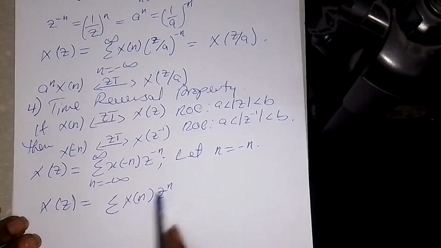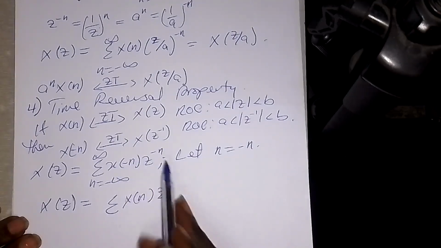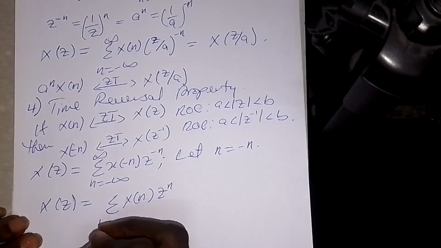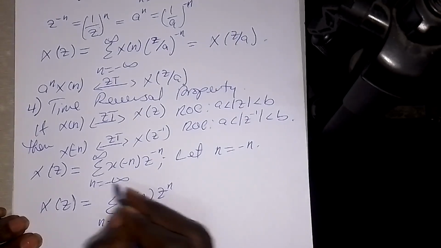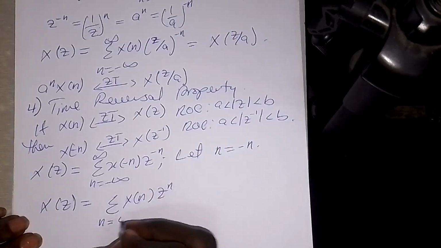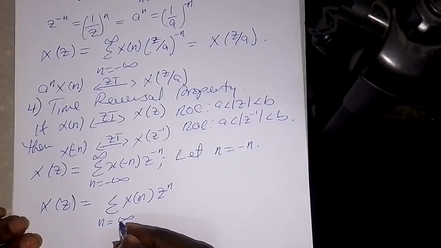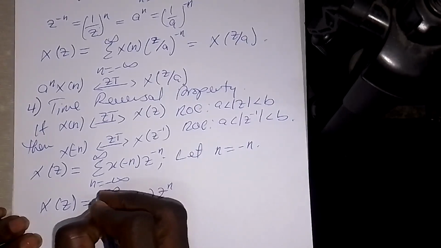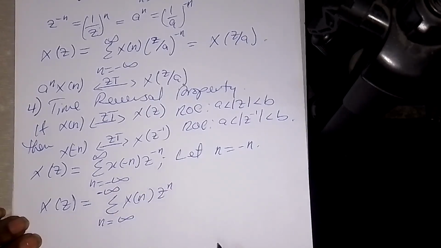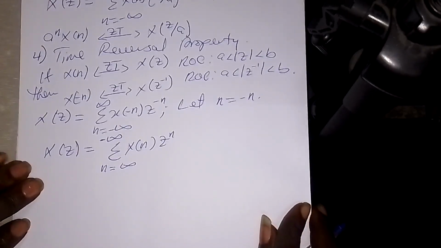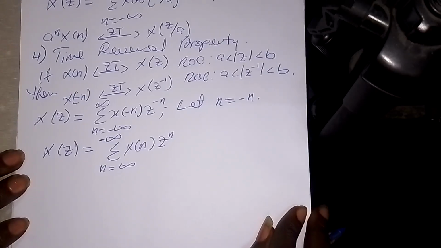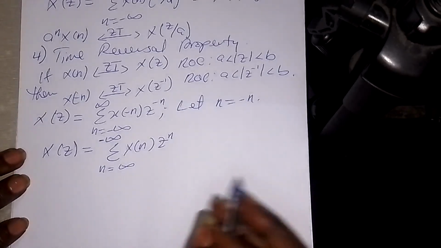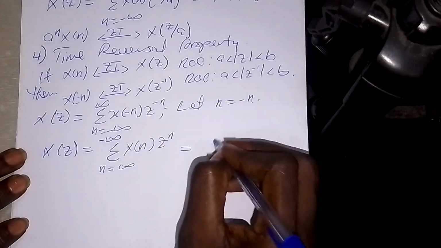So now because I have changed these, my limit will change: it will become positive infinity down here, and negative infinity here.